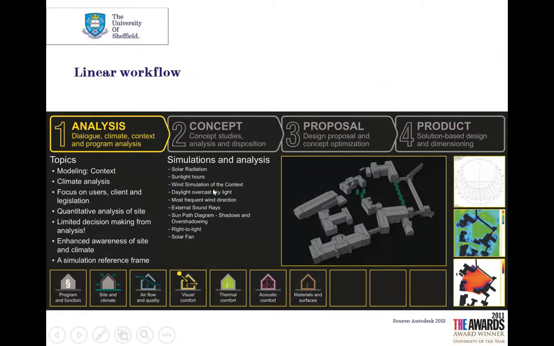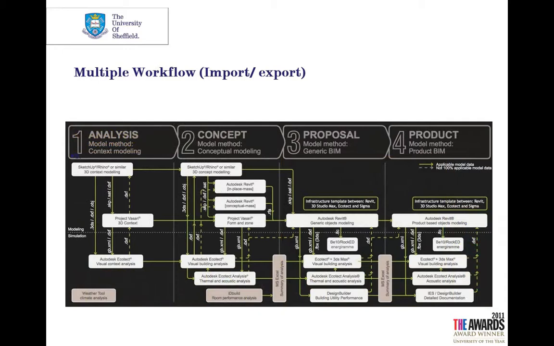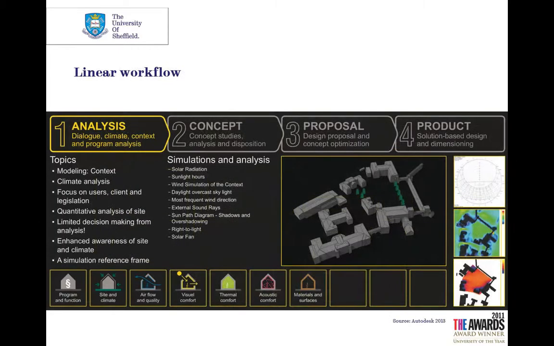And this was an Autodesk slide from 2013. And what Autodesk was suggesting is that at different stages in the design, you use lots of different types of software for different simulations. Now, this is not the workflow that I'm proposing in this module.